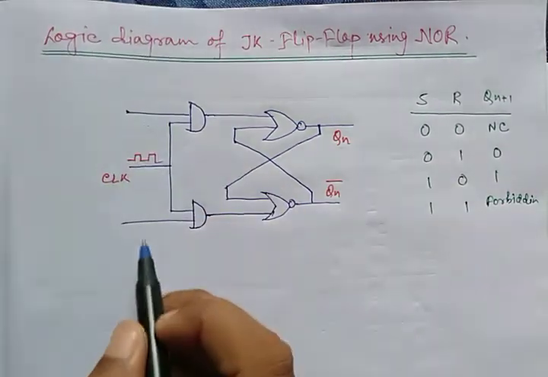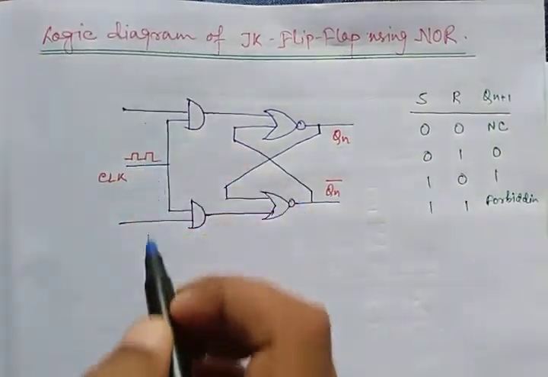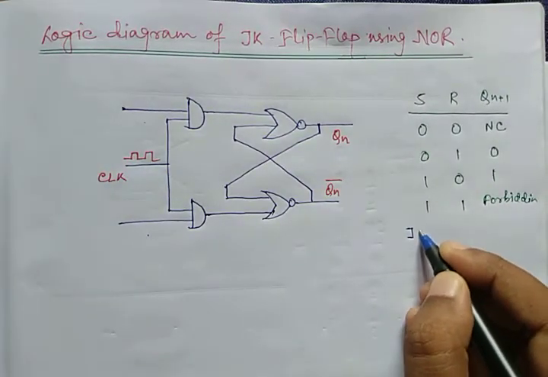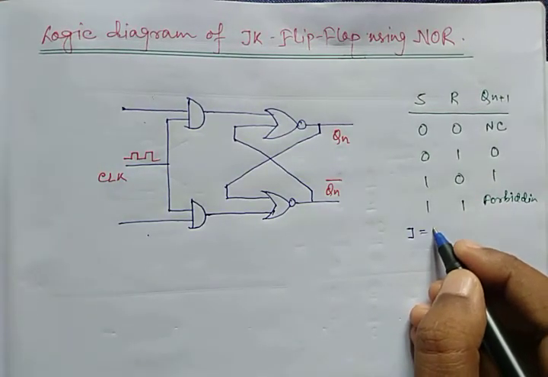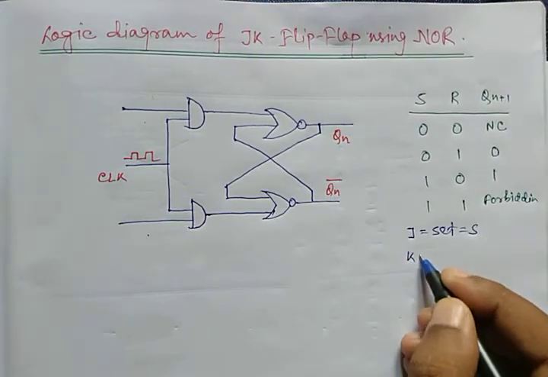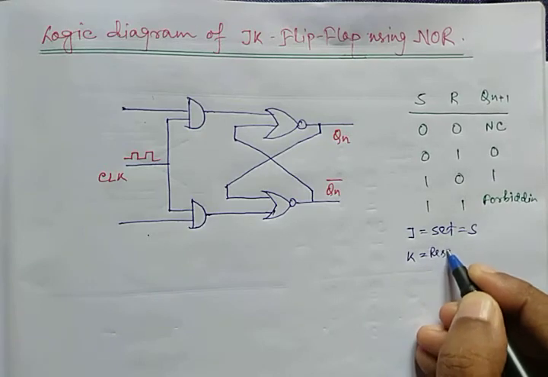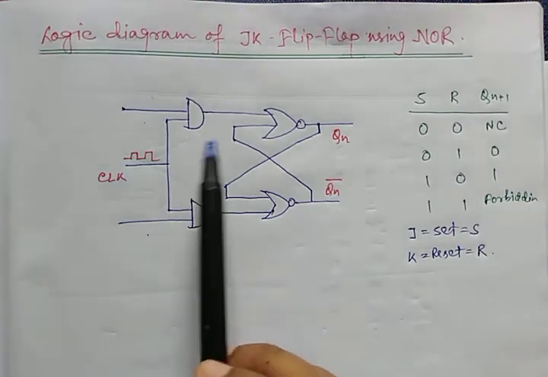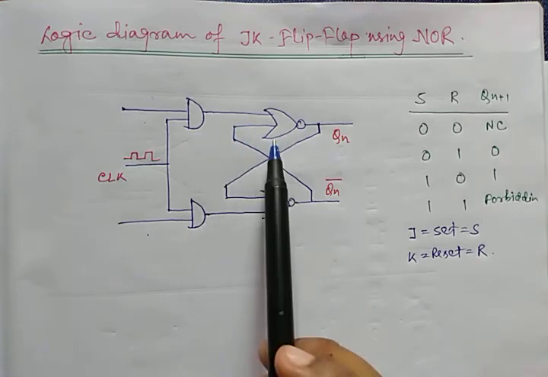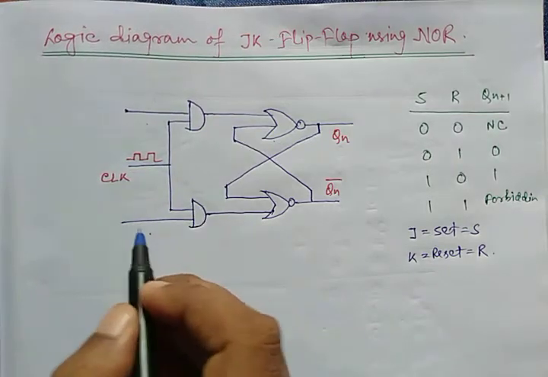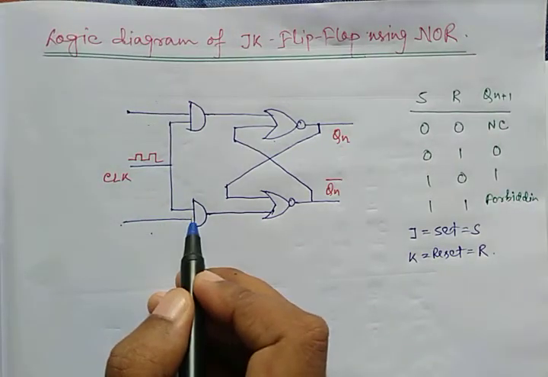Here it is R, it is S. Instead of R, S, in JK flip-flop, J stands for set, that is S, and K stands for reset, that is R.